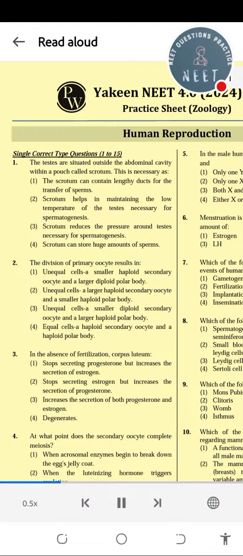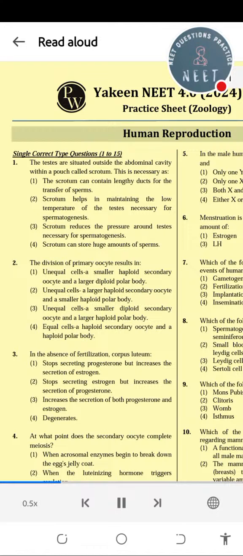Scrotum reduces the pressure around testes necessary for spermatogenesis. 4. Scrotum can store huge amounts of sperms.